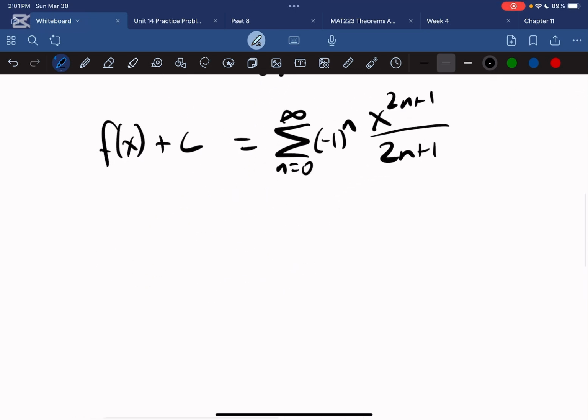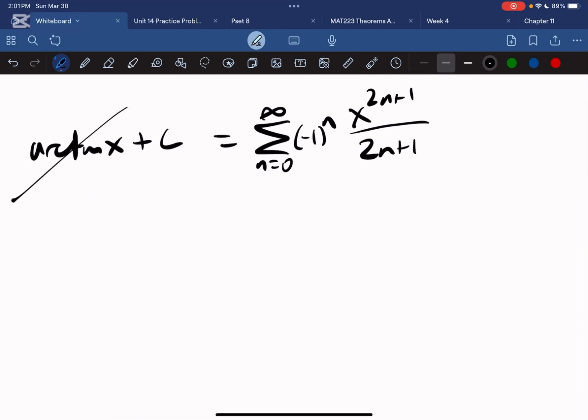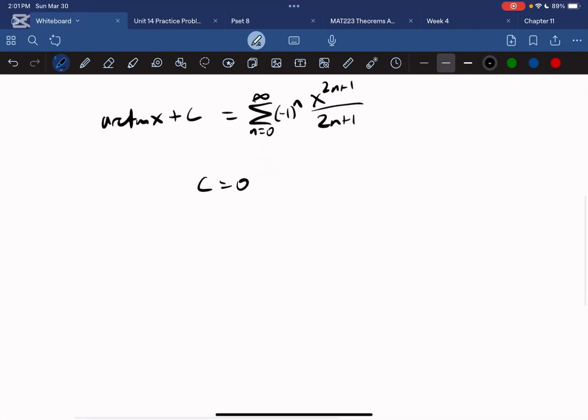Then to find c, we just plug in x equals 0. So arctan becomes 0, this becomes 0, so c is 0. So we can just say arctan of x is represented by this Taylor series.